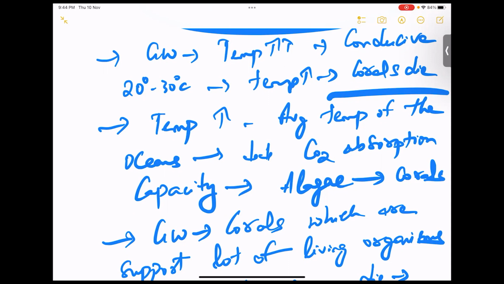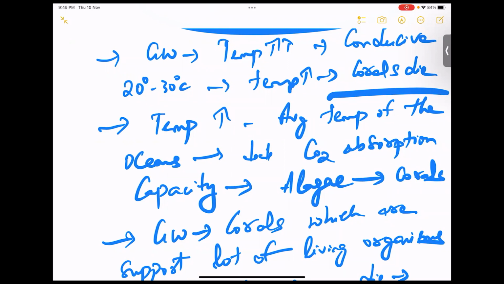Increase in temperature and CO2 absorption both vary.